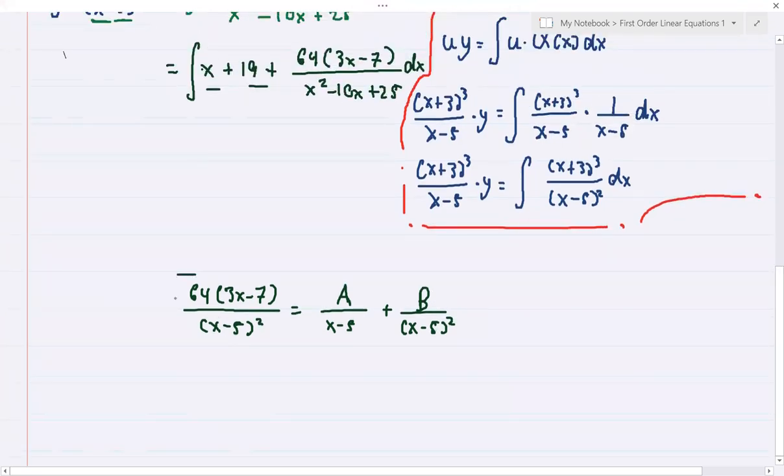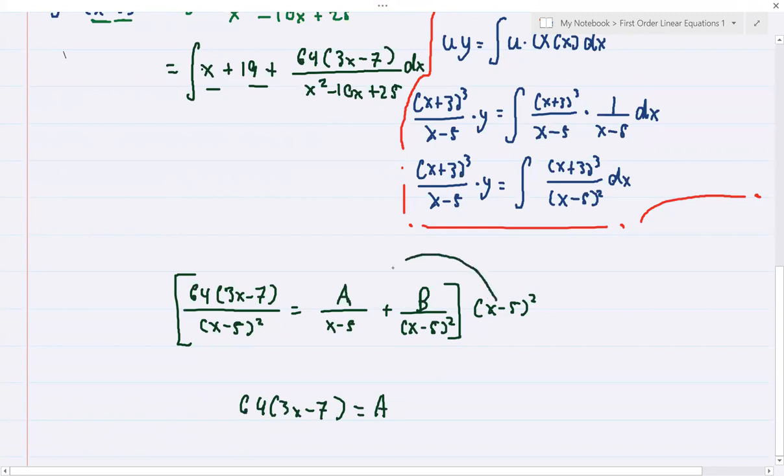Let's multiply both sides by x minus 5 squared. So we will have 64 times 3x minus 7 is equal to A times, if you multiply the square of x minus 5 to your A, we will have A times x minus 5.